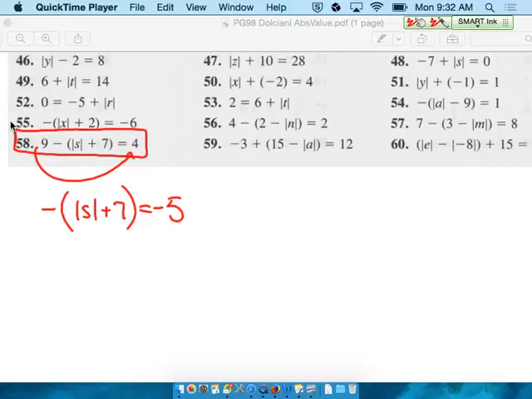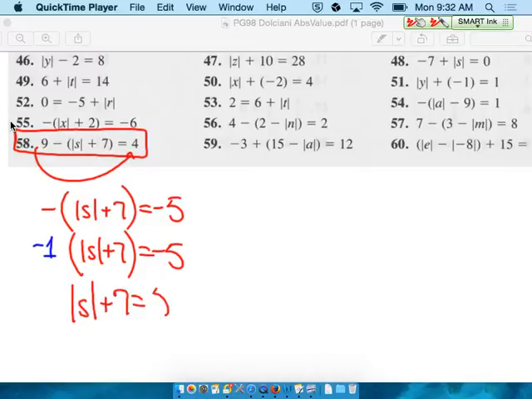Then I will apply the same logic that I did in the last problem. I can think of the negative sign sitting right here as a negative 1. And I'll just recopy it so it's clear. If I were to divide both sides by the blue negative 1, then I would have this left. Dividing by the blue negative 1 makes the negative 5 positive.